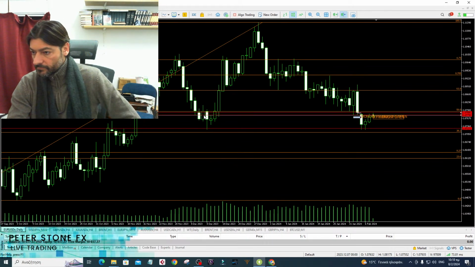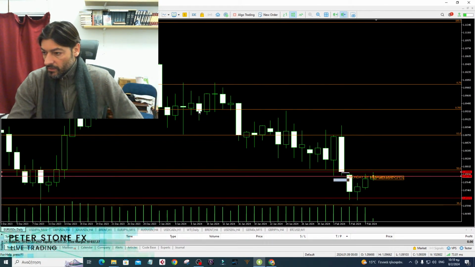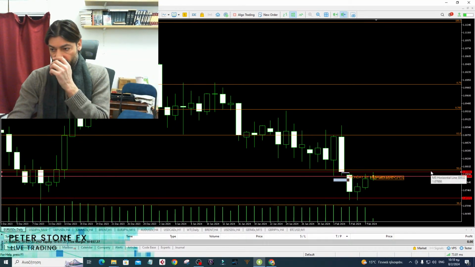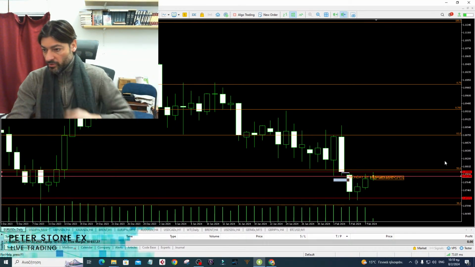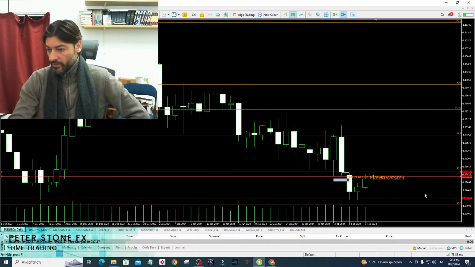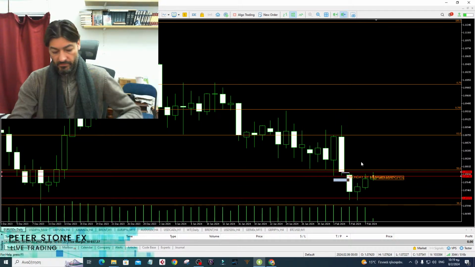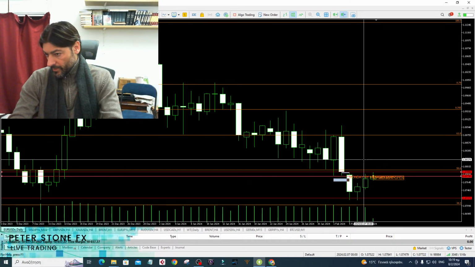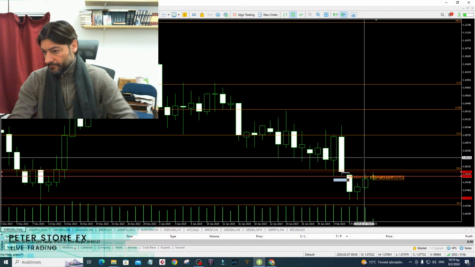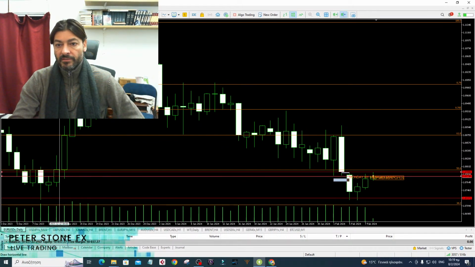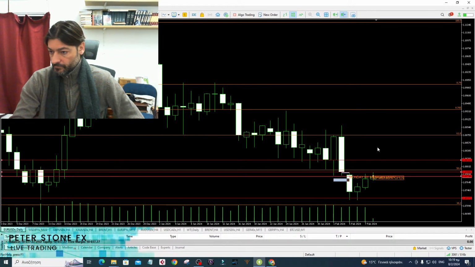As you can see, yes, we have almost hit the 50% level. So for sure this is a target. If we actually hit it, I predict that price will go up until here. So this is a level that we will put right now. Potential target.